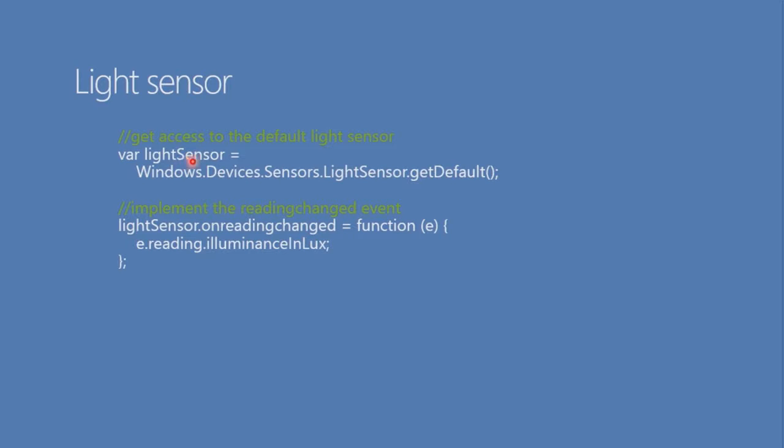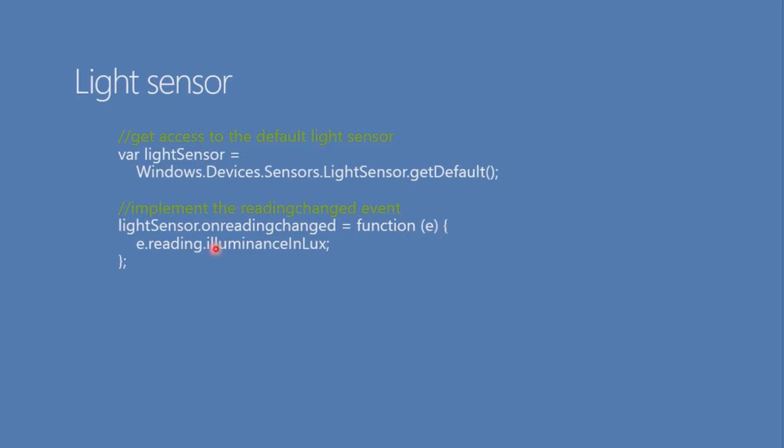All you do is you instantiate a new light sensor. Super simple. It's in the Windows.Devices namespace, specifically in the Sensors namespace, and the light sensor has a default, .getDefault. Once you've instantiated that, it's really just a matter of implementing the reading changed event by setting .onReadingChanged equal to a function.